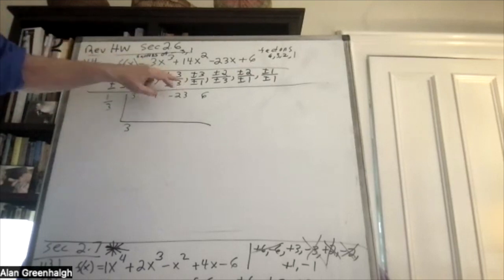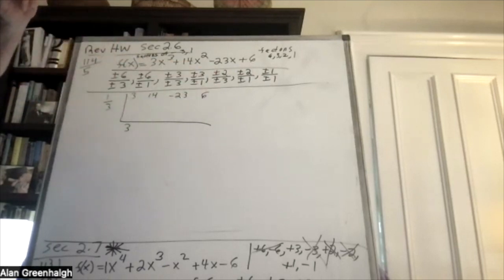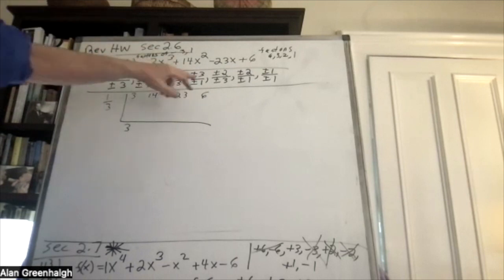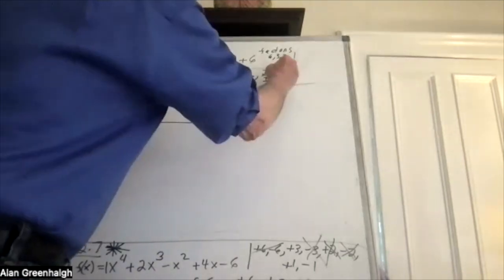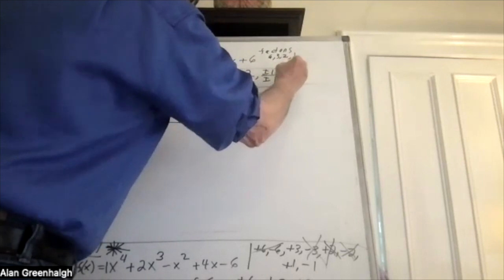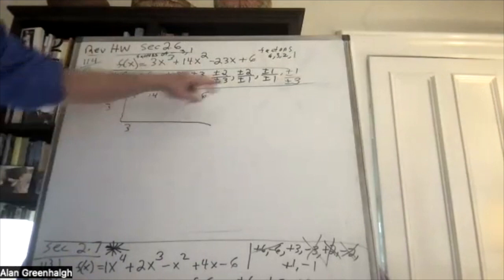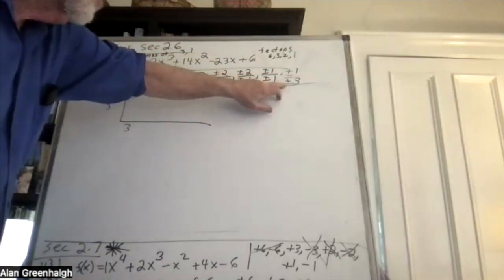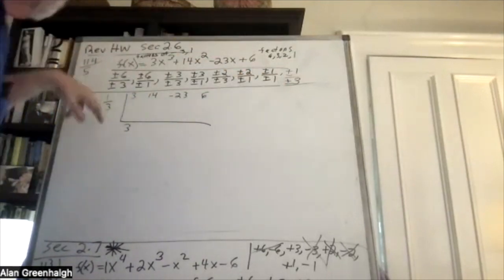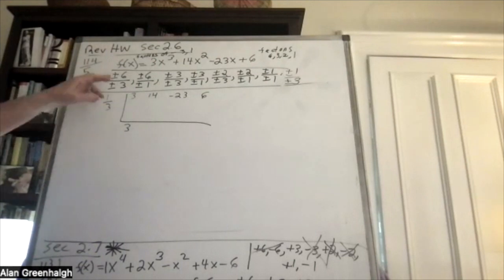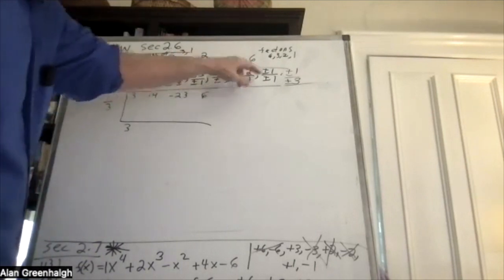Where would that be? Oh, I didn't finish this, did I? Because this is also plus or minus 1 over plus or minus 3. And in fact, one of the zeros is positive 1/3.